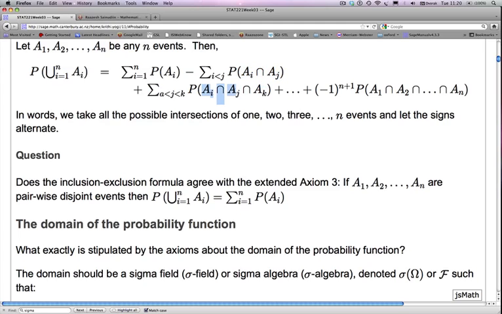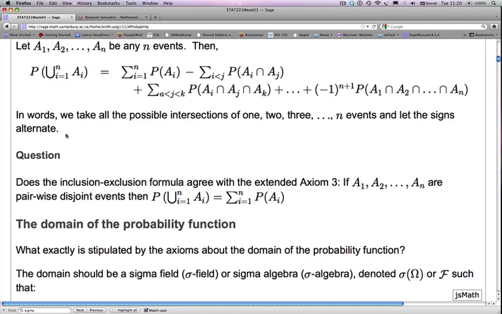Because they're pairwise disjoint, this again is an empty set, and this again is going to be an empty set. So all of the values for the probabilities besides the first term here will be zeros.